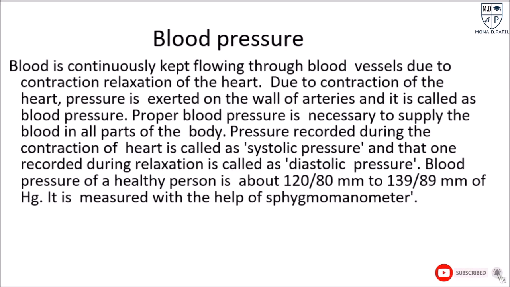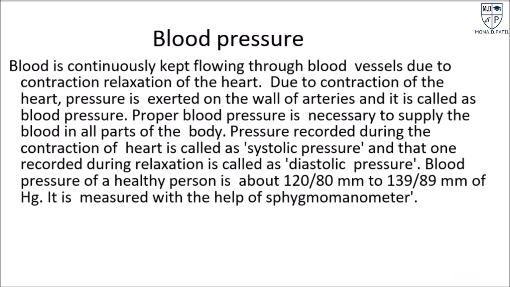Then next is blood pressure. Blood is continuously kept flowing through the blood vessels due to contraction and relaxation of the heart. Due to contraction of the heart, pressure is exerted on the wall of arteries and it is called blood pressure. Proper blood pressure is necessary to supply blood to all parts of the body. Pressure recorded during the contraction of the heart is called systolic pressure, and that recorded during relaxation is called diastolic pressure.